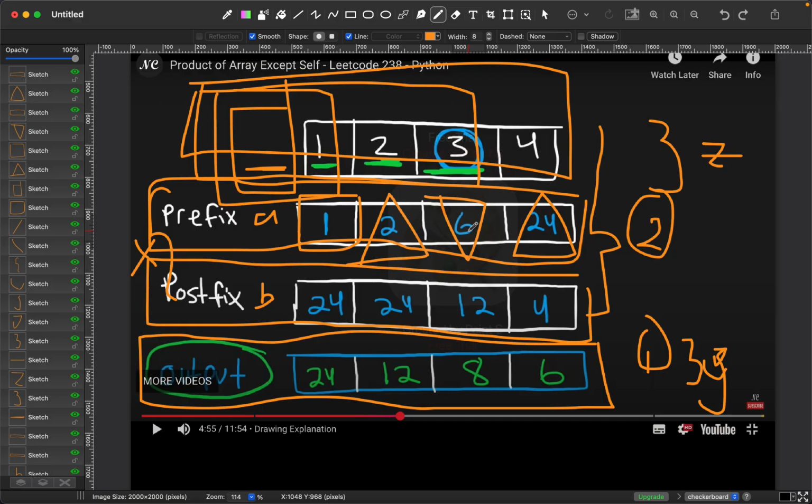So what 6 comprises is the byproduct accumulation from 3 onwards, which is 3 all the way in, and the byproduct of 24 is the accumulation of 4 onwards. For this case, 4 times 3 times 2 times 1.